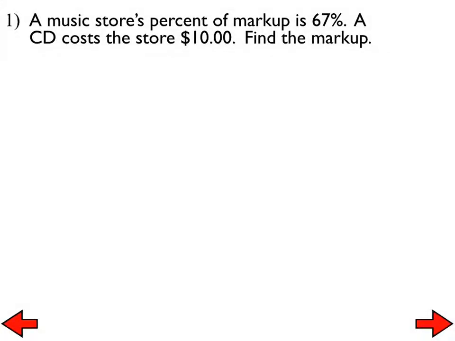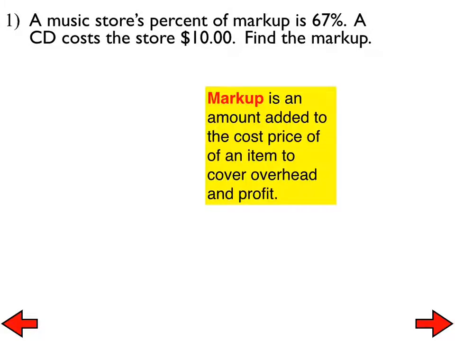So here's number one. A music store's percent of markup is 67%. A CD costs the store $10. Find the markup. The first thing we need to do is define what a markup is. How stores make money is they buy whatever items they're selling for a certain amount of money from some other place, and then they mark it up.